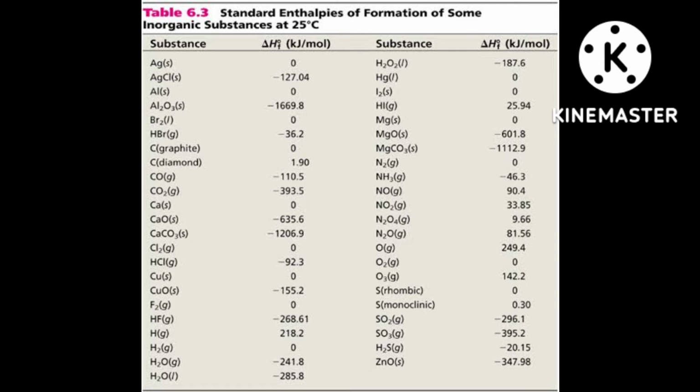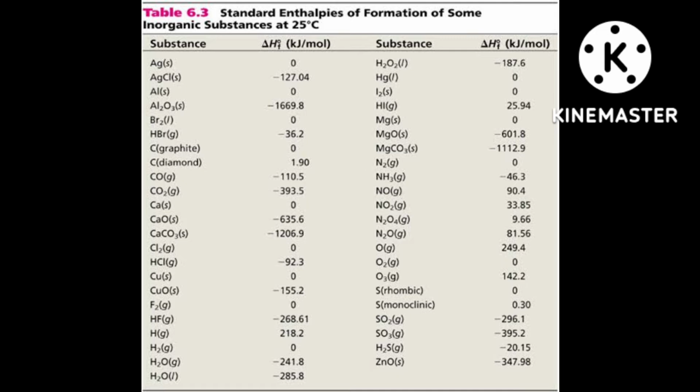Then here, if carbon is in a gaseous state, its value is plus 716.68 kilojoule per mole. Okay, this means endothermic reaction. What I discussed before were all exothermic. Minus means exothermic. Now plus I am going to discuss, endothermic.